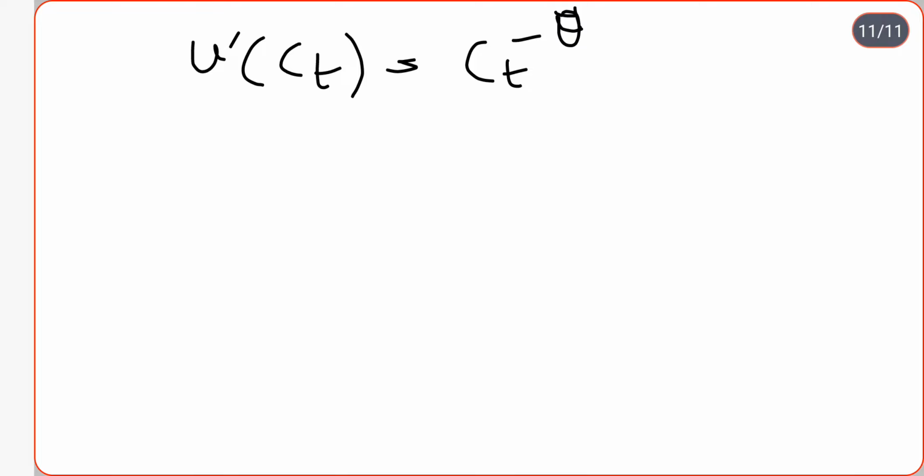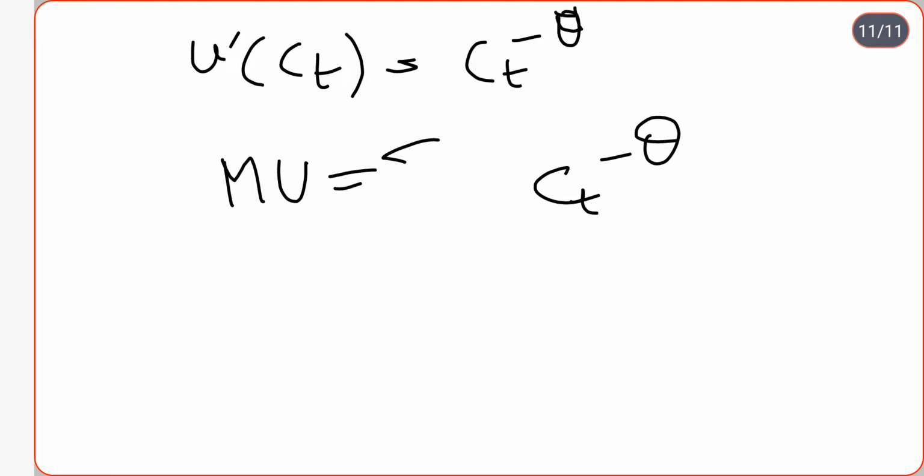u dash Ct is nothing but the marginal utility, that is equal to Ct to the power minus theta. Now we will take the summation of the entire consumption of the entire life period, but while taking the summation we have to take a discount of this consumption.